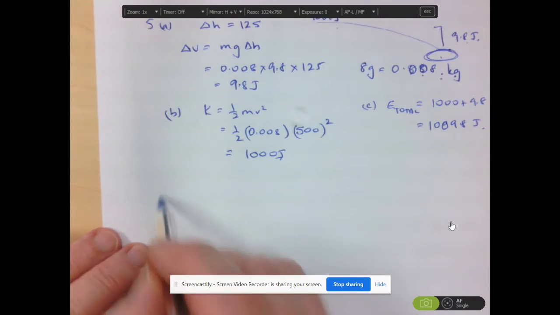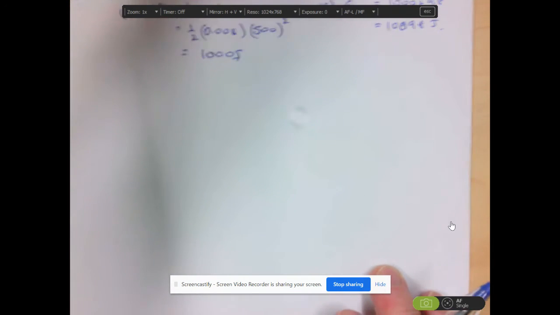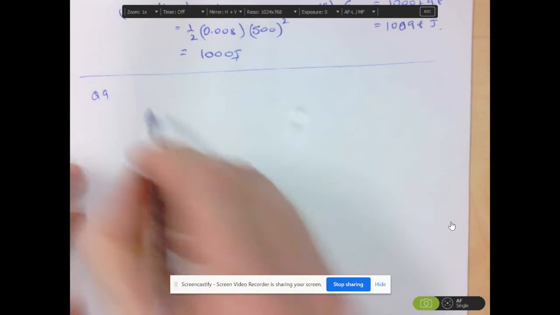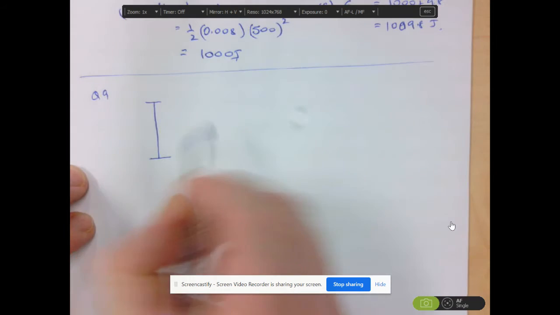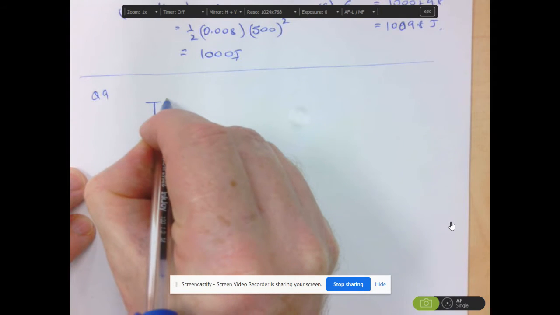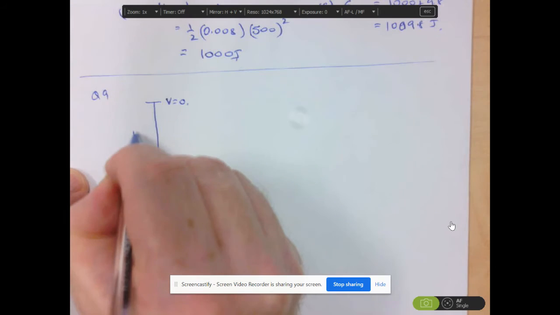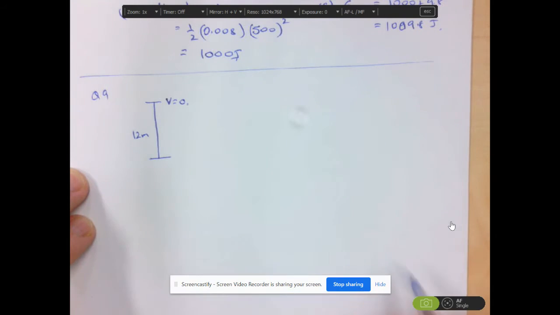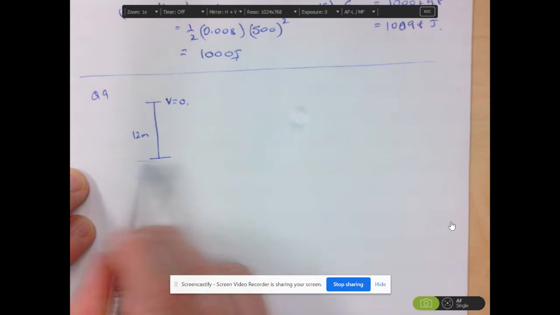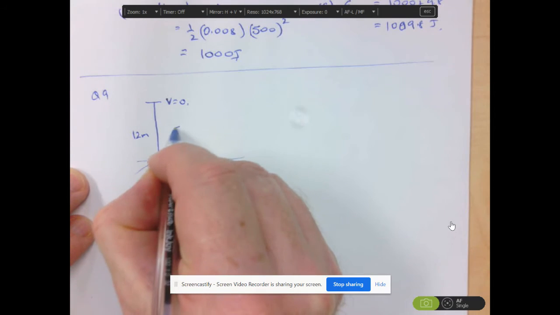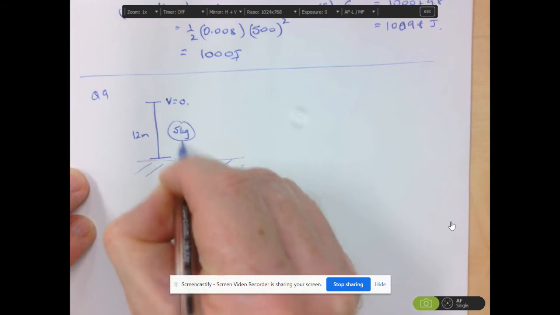So a little diagram: up here our velocity equals 0 and it's 12 meters, and the object is dropped onto the floor. Here's the floor down here. And the object is 5 kilograms as the mass moves down.